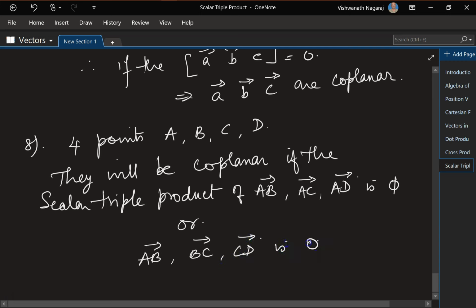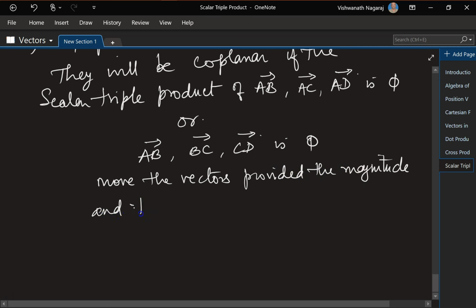Remember, we can move the vectors provided the magnitude and the direction remain the same. Okay, so that is the scalar triple product.